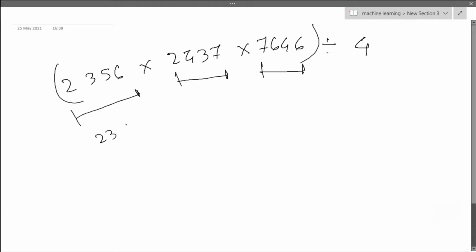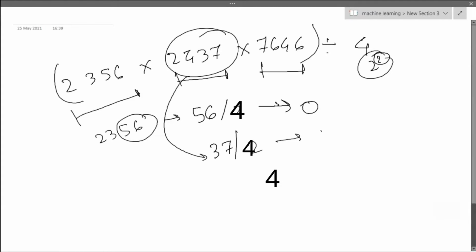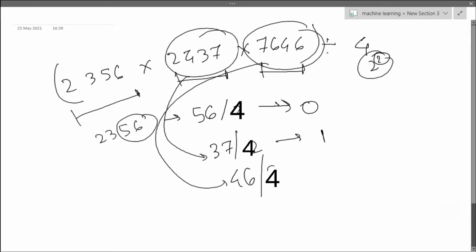For 2356, check the last 2 digits to find the remainder by 4, that is 2 square. 56 divided by 4, the remainder is 0. 2437, last 2 digits 37 divided by 4, remainder is 1. 7646, last 2 digits 46 divided by 4 and the remainder is 2.